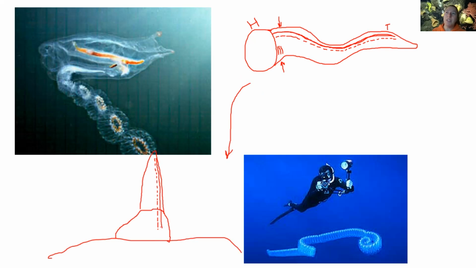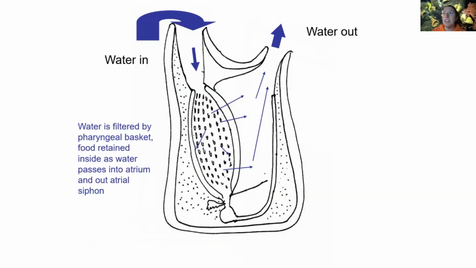What you're left with is mainly just this head, a little bit of nerve cord, and a bit of stiffening here from the notochord. And those gills remain, and they turn into what, in one of my previous pictures, is now this area that pumps water through the body and filters water. So this pharyngeal basket comes from those original gills.